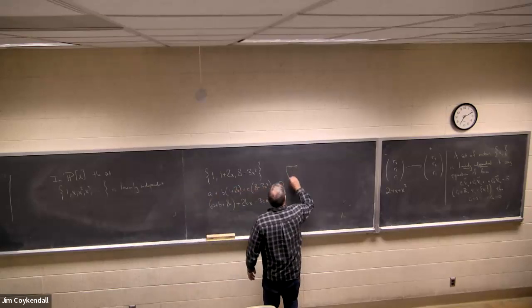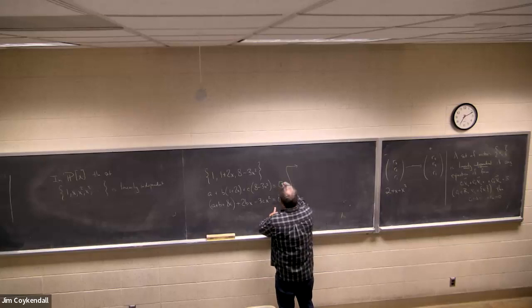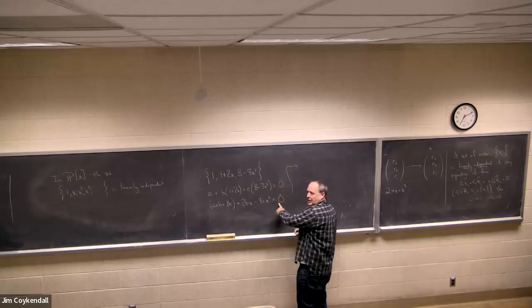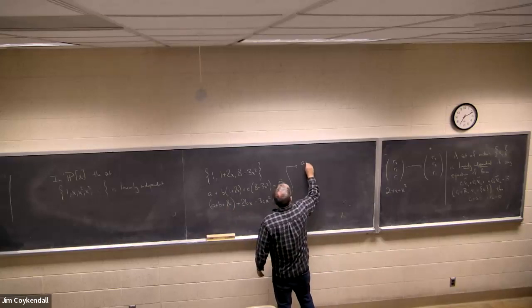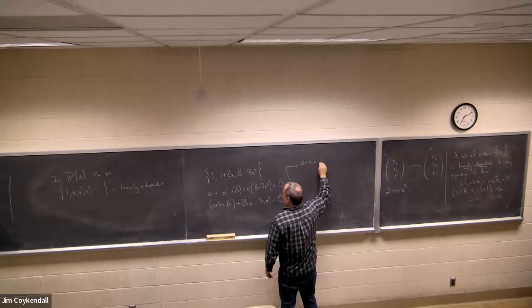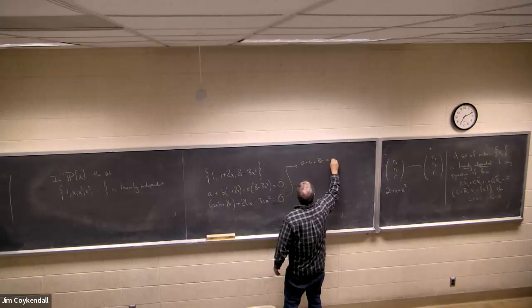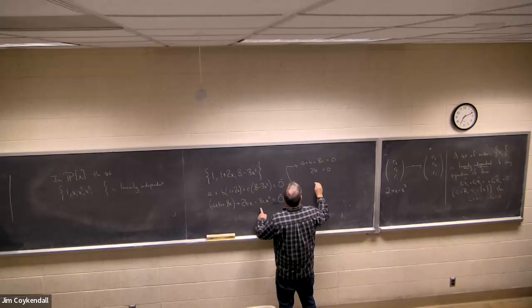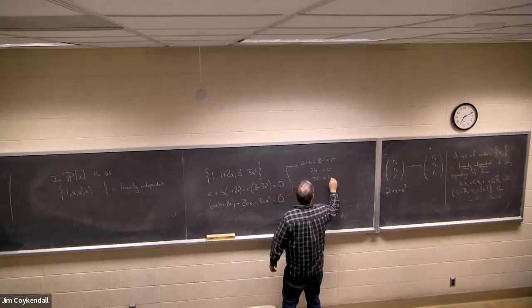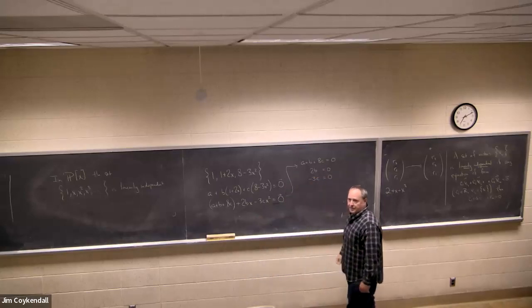Maybe I put a vector there to emphasize the 0 polynomial, right? So this means that A plus B plus 8C is 0, and 2B is 0, and minus 3C is 0.